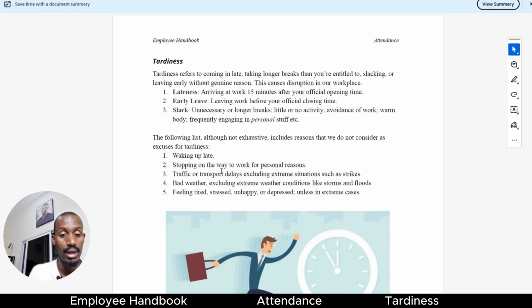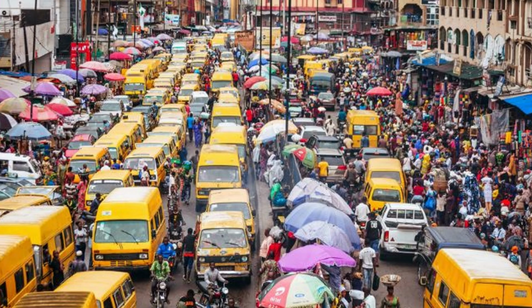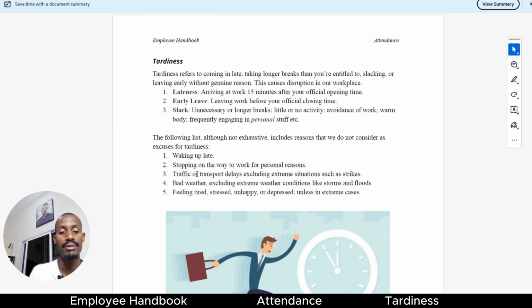Stopping on your way to work for personal reasons, probably you pass by, a friend is having a naming ceremony. All those things are considered tardiness. Saying it's traffic, that's why I was late, or it's traffic, that's why I'm going home early, except in extreme situations. You say bad weather.